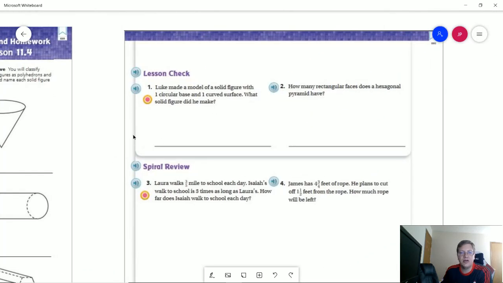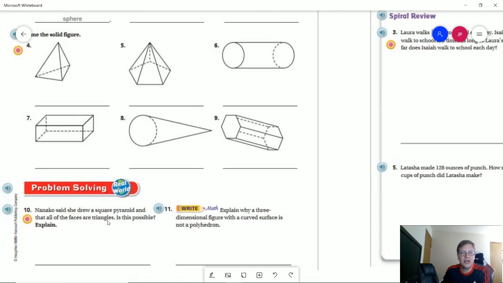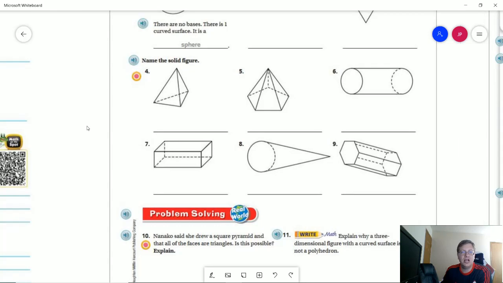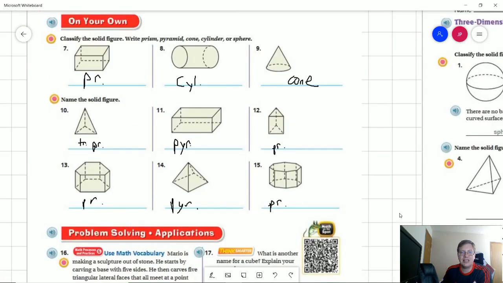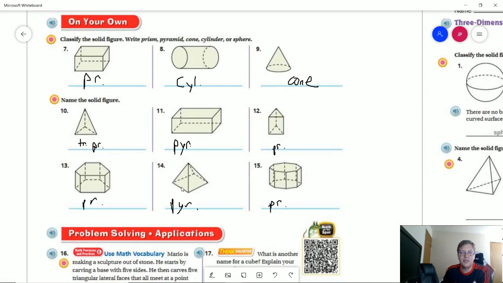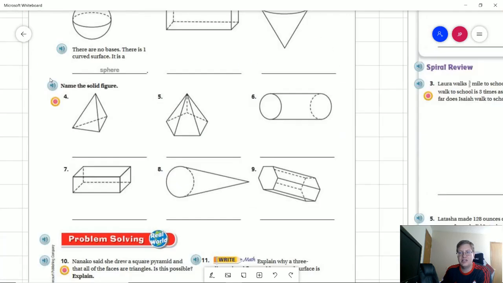And so, oh wait, a square pyramid and said all of the faces are triangles. Think about that for a moment. So we have an example, if we were to look back here, that this could possibly be a square pyramid. So all of our faces here are the same shape, and then we have a square as the base. So you can use that one to help you.